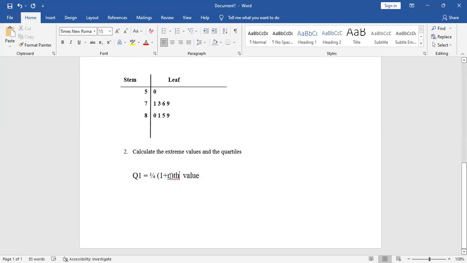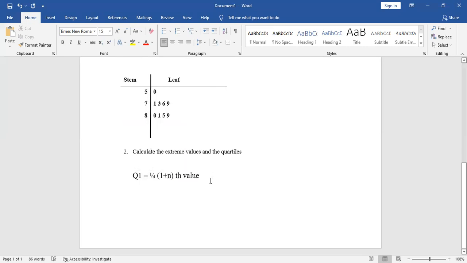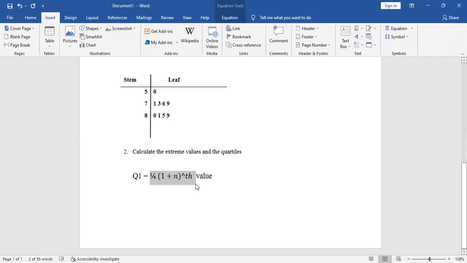That is quartile 1. In this case, we will say 1/4, where n is the number of elements.